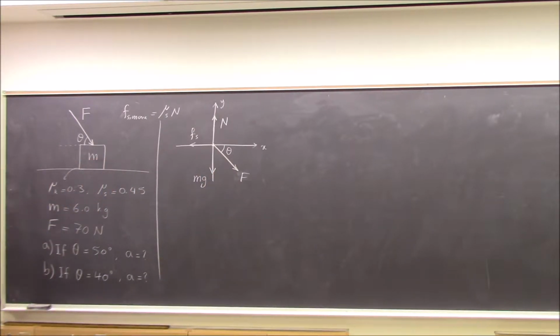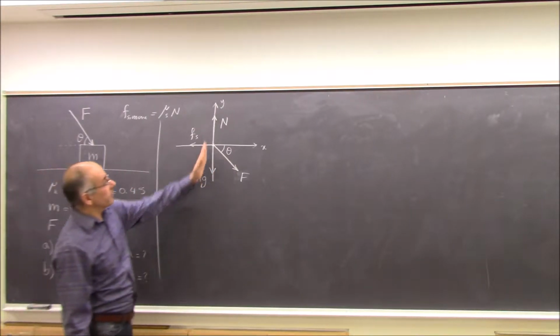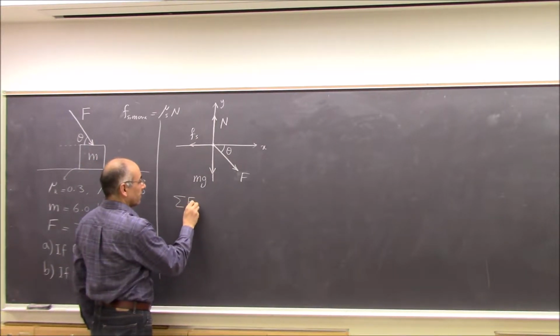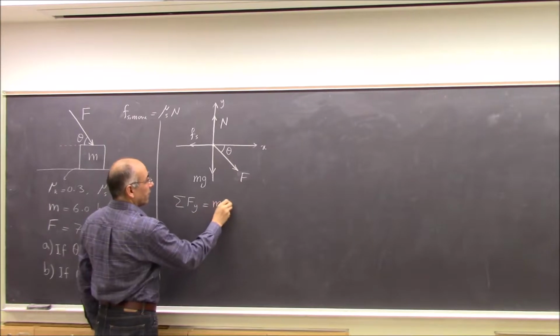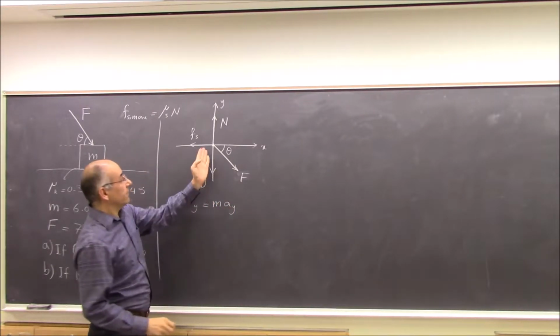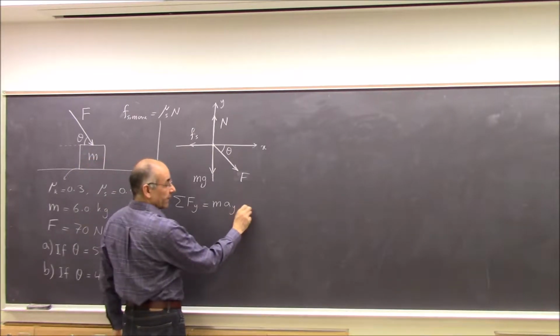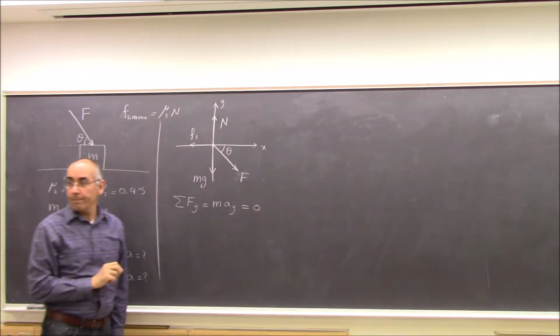To find the normal force, which is in the y direction, we apply sum of Fy equal to m a y. But we know that if it's going to move, it moves in the x direction, not in the y direction, so a y is 0 anyway.